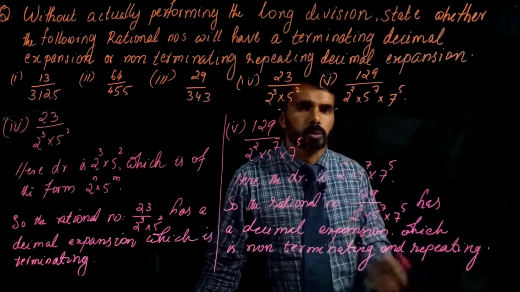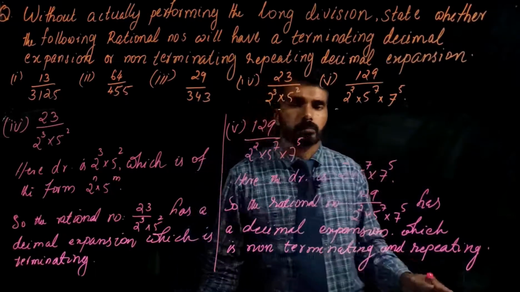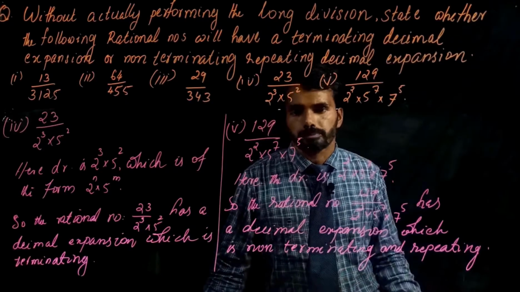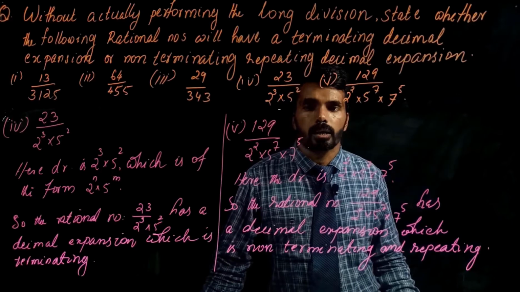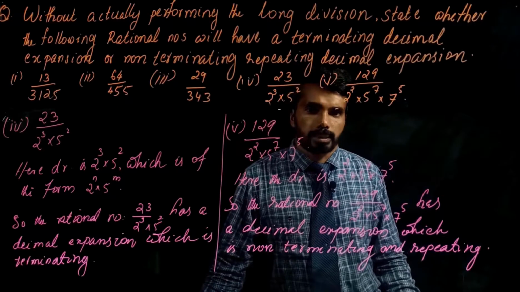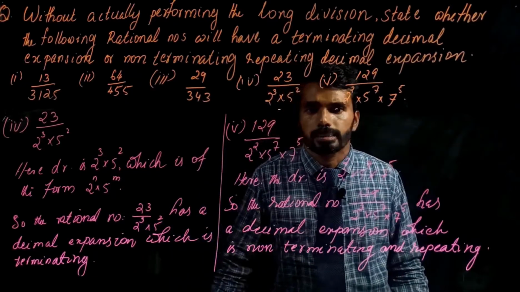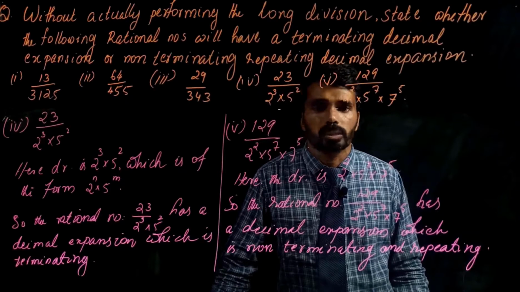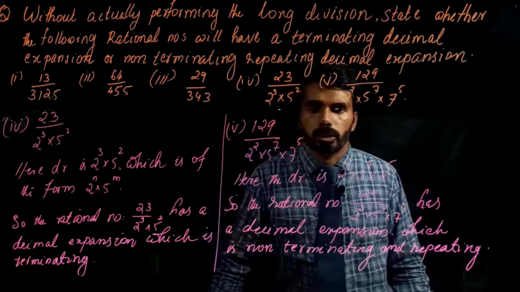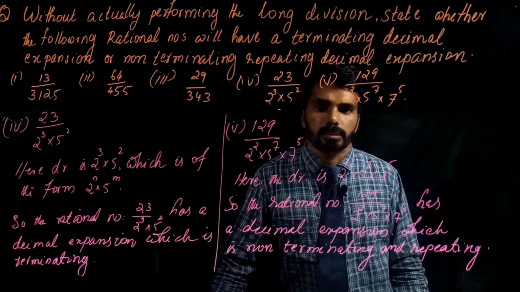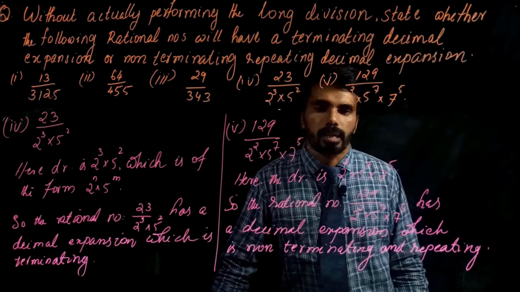To determine it, we use the theorem: x equal to p by q is a rational number such that the prime factorization of q is of the form 2 raised to n into 5 raised to m, where n and m are non-negative integers. Then the rational number has a decimal expansion which terminates. If it is not of the form 2 raised to n into 5 raised to m, then the rational number has a decimal expansion which is non-terminating and repeating.